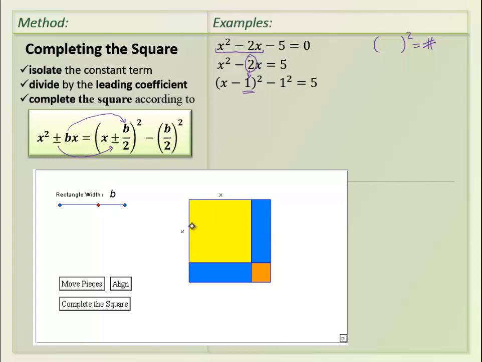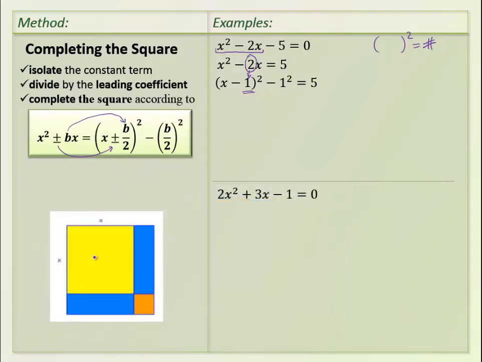However, because the original expression consists only of yellow and blue, we have to subtract from the big perfect square the small perfect square, which is the perfect square of half of b. We can notice that this would work no matter what b is. The b could be smaller or larger, it doesn't really matter. We still have the same idea.